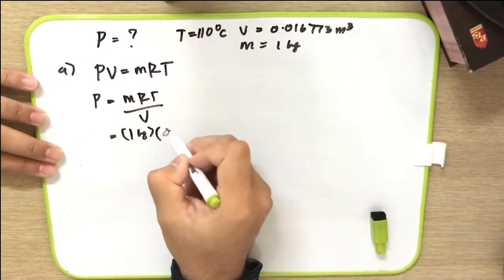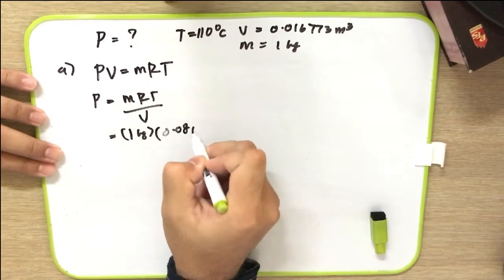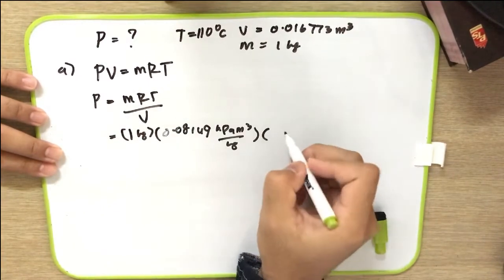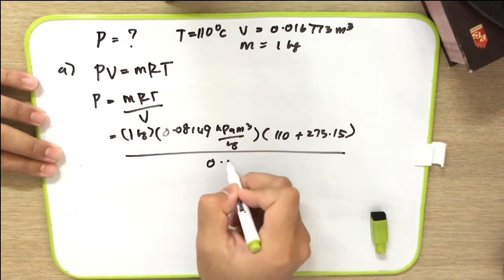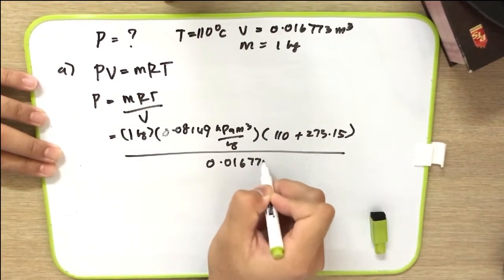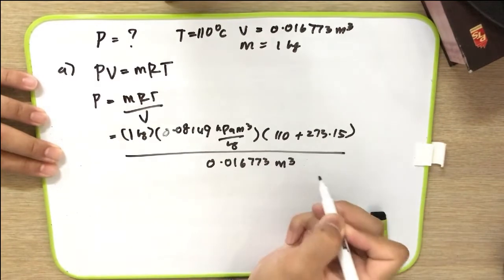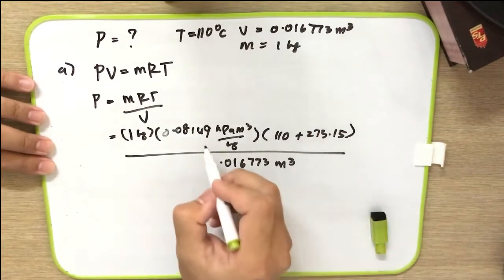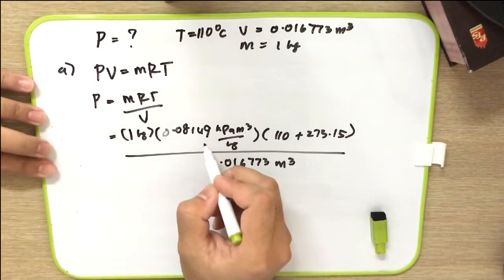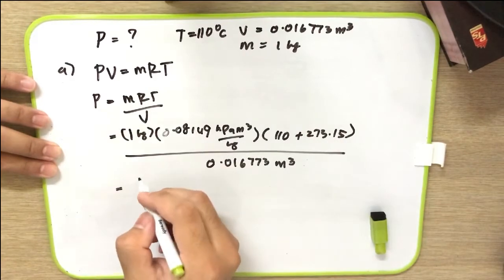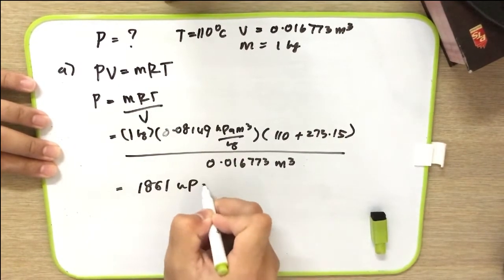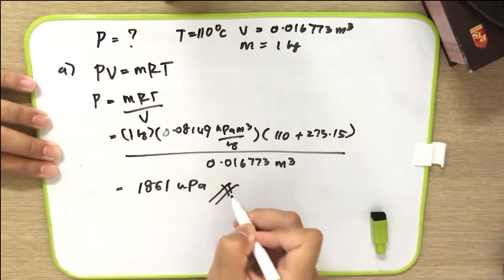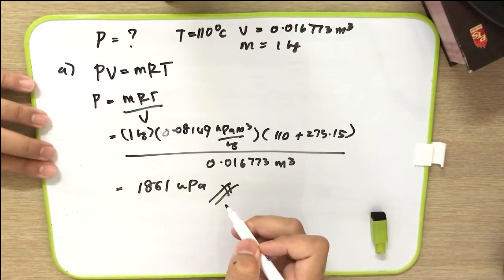R we use 0.08149 and temperature is divided with volume 0.016773. For information, this R is taken from table A1 and we get 1.61 kilopascal. So this is how we use the ideal gas equation.